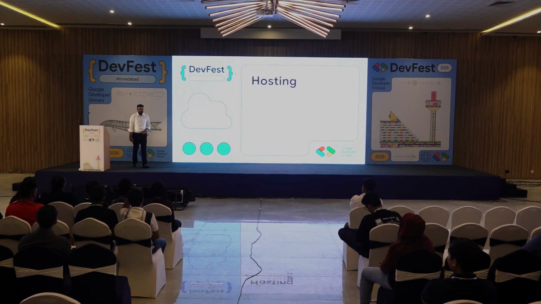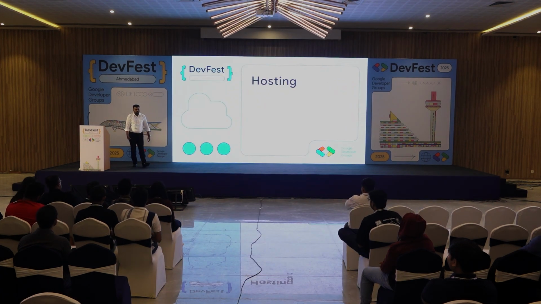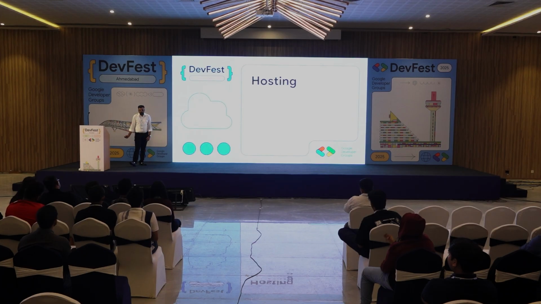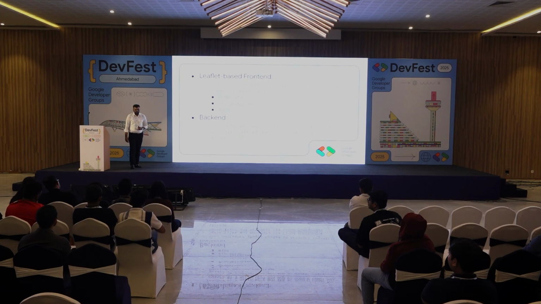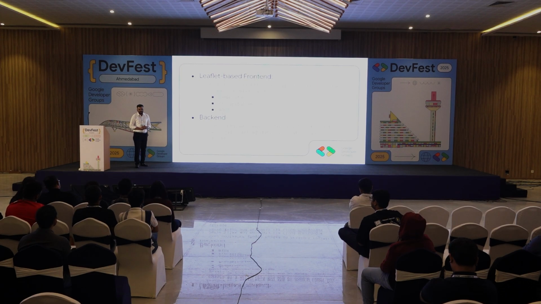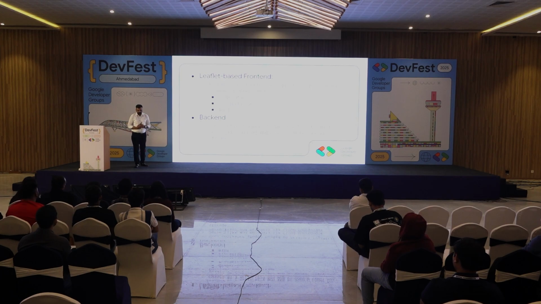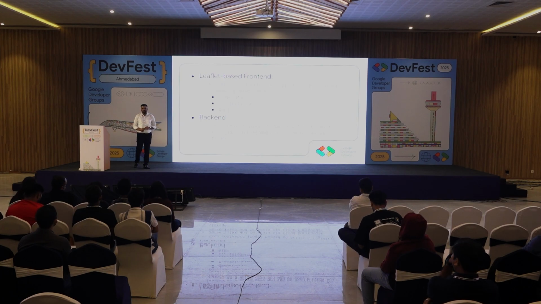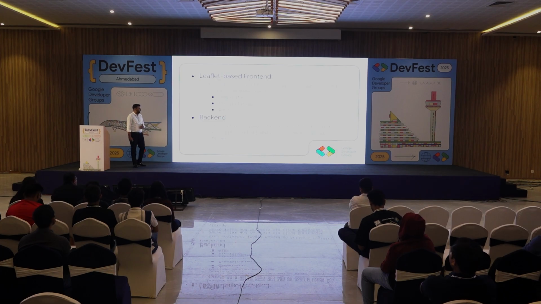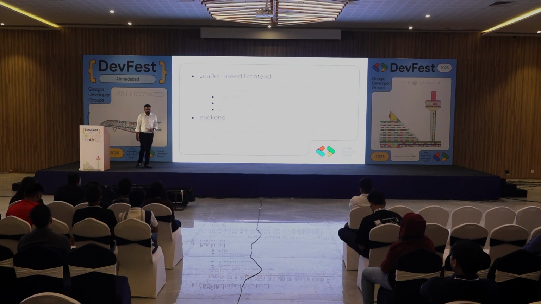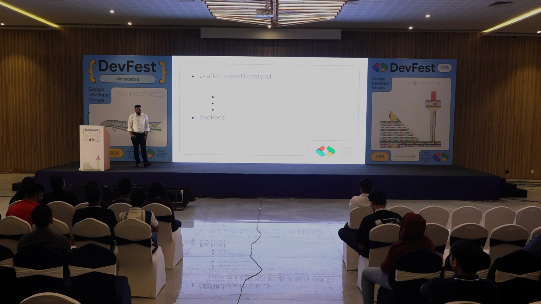Coming to hosting this whole application, where have we hosted it? As I mentioned, we have the front end as a Leaflet module, which is hosted as a serverless web app on Google Cloud Run that displays the weather tile maps, which we fetch from the backend using Cloud Run.